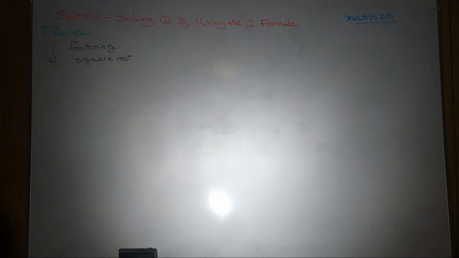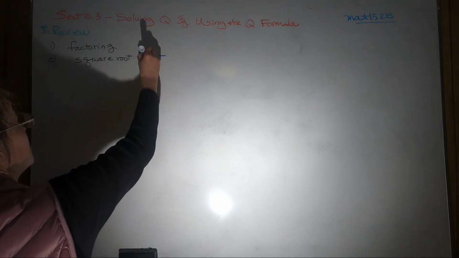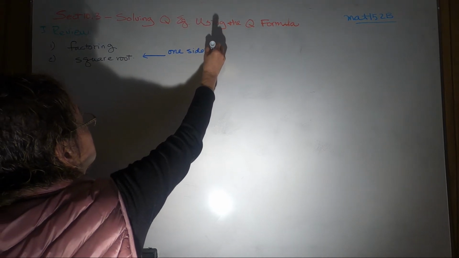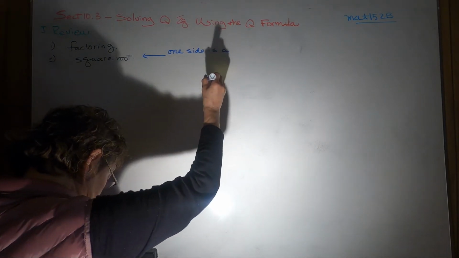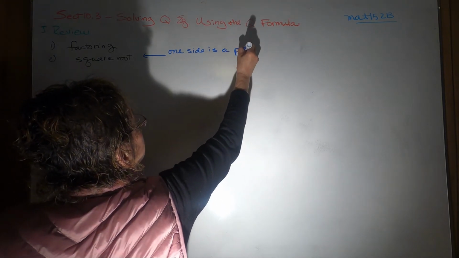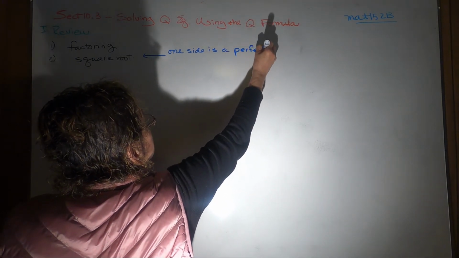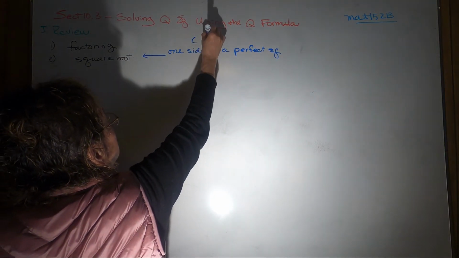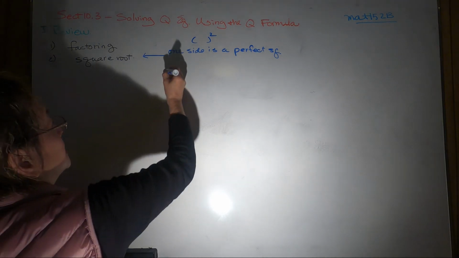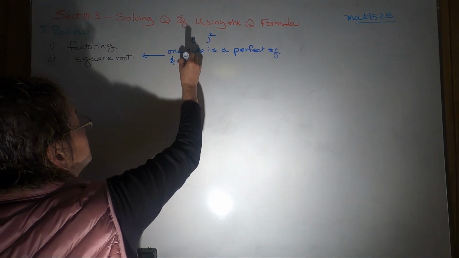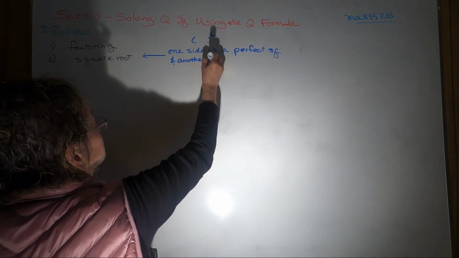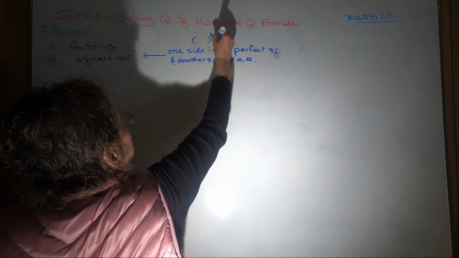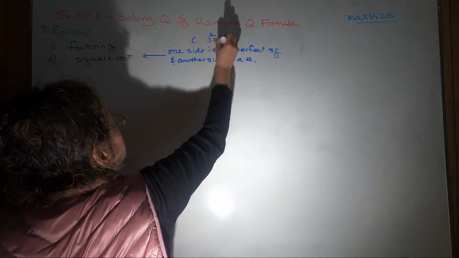The square root property is that one side is a perfect square, something squared, and the other side is a number.